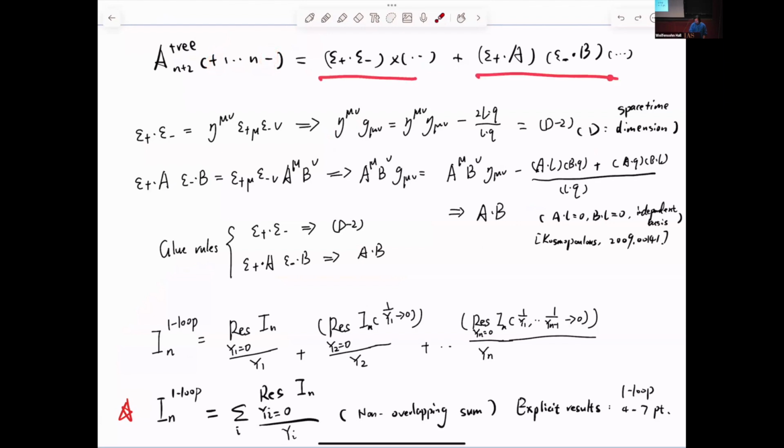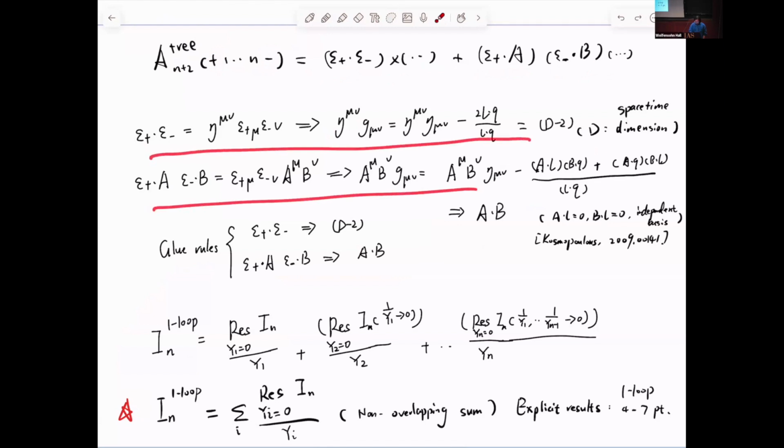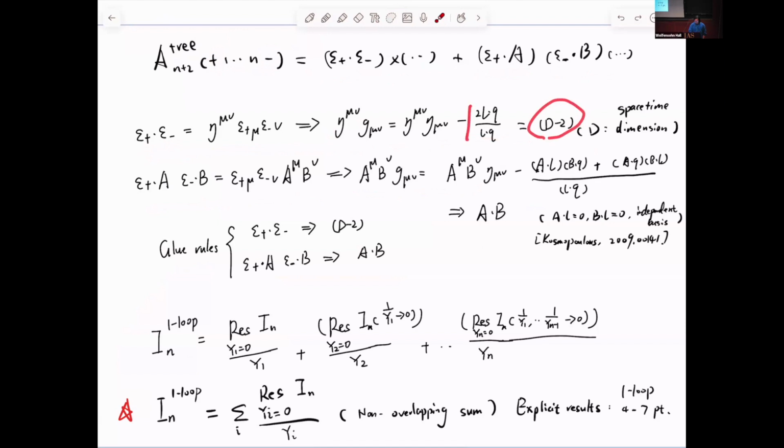You have the two kinds of tensor structure, epsilon plus dot epsilon minus, and epsilon plus dot A times epsilon minus dot B. Let's calculate them. You can see from the calculation that epsilon plus dot epsilon minus becomes d minus 2, because the second term is cancelled by 2.